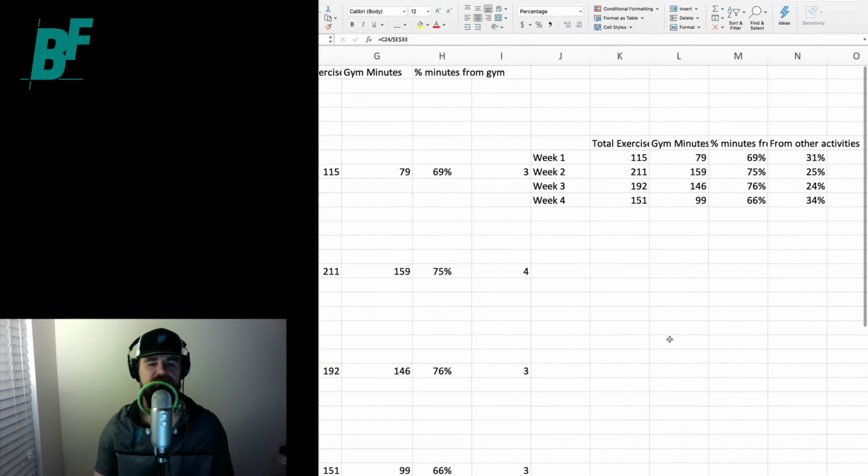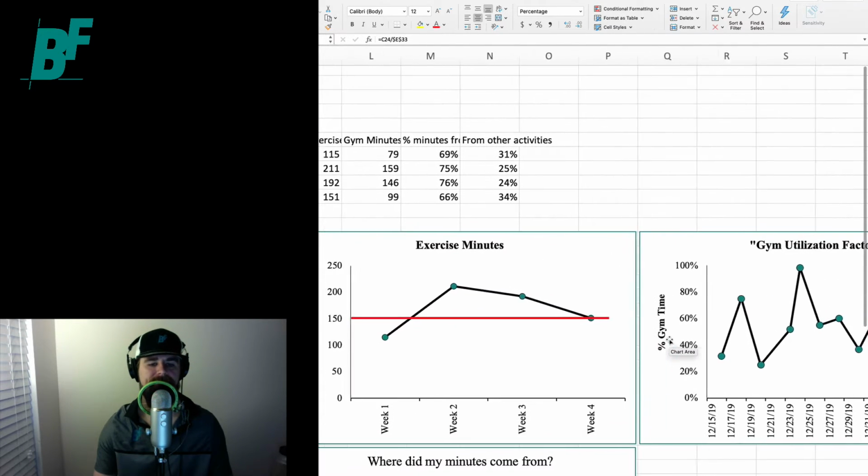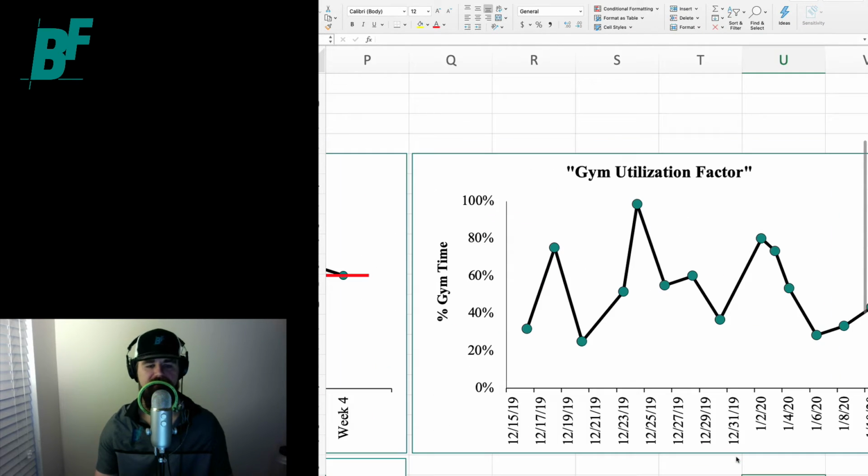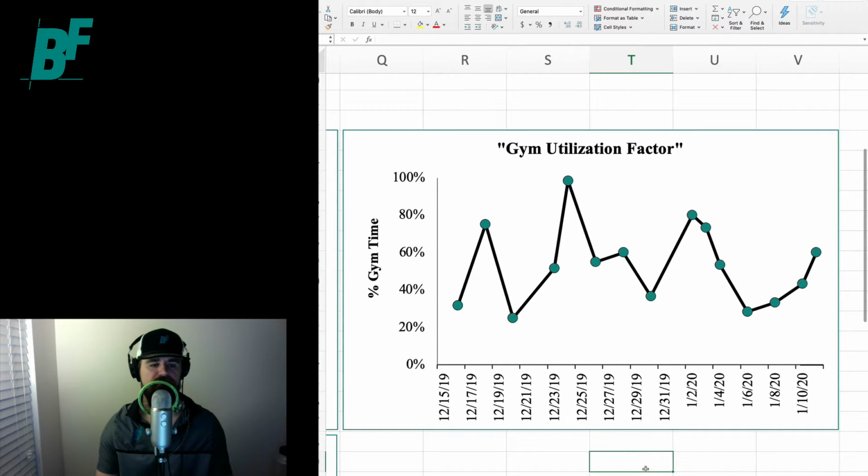So when you map all those out, we see it's all about how elevated your heart rate is when you are in the gym. You can see some up and down trends here. Each of these dates is one workout time, something I started on my watch, and then I recorded the time there.